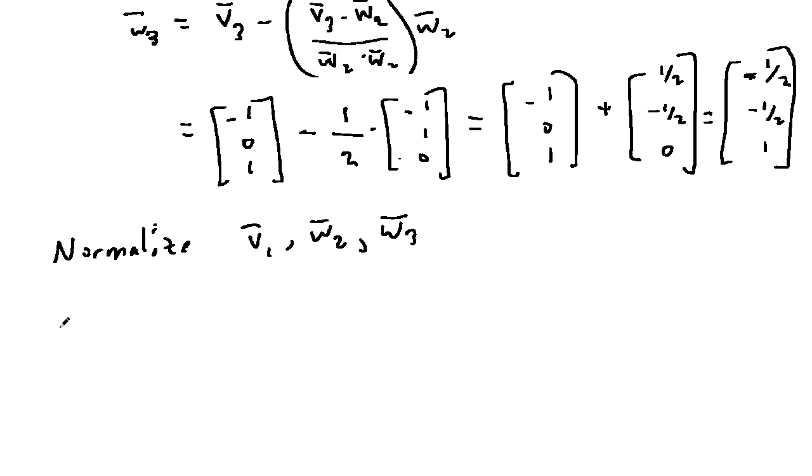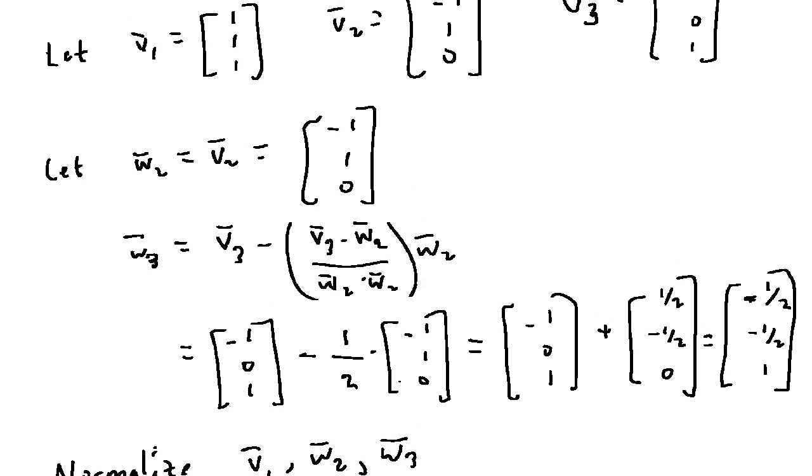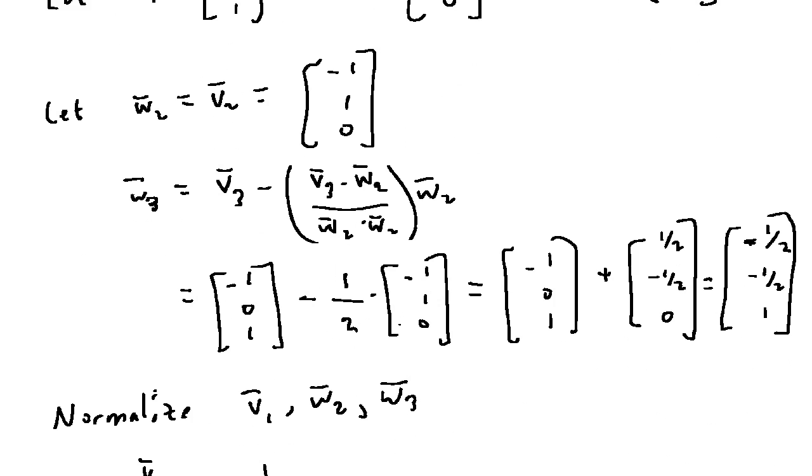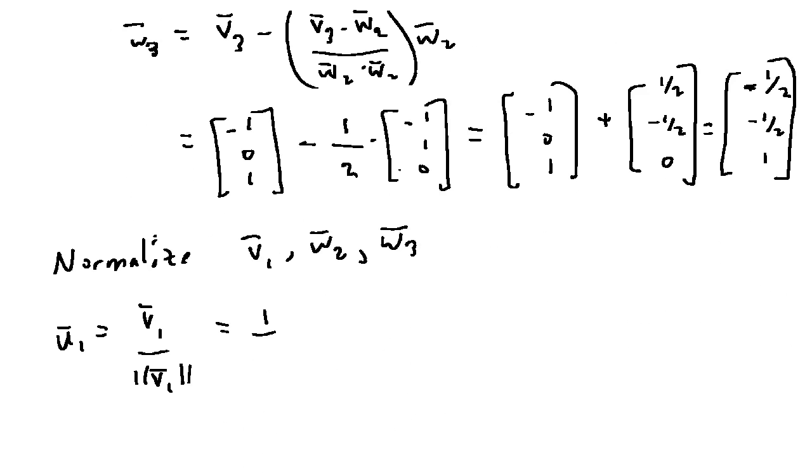Okay, so u1 is v1 divided by the norm of v1, and the norm of v1, if you look at v1 here, is square root of 3. So we get this vector.